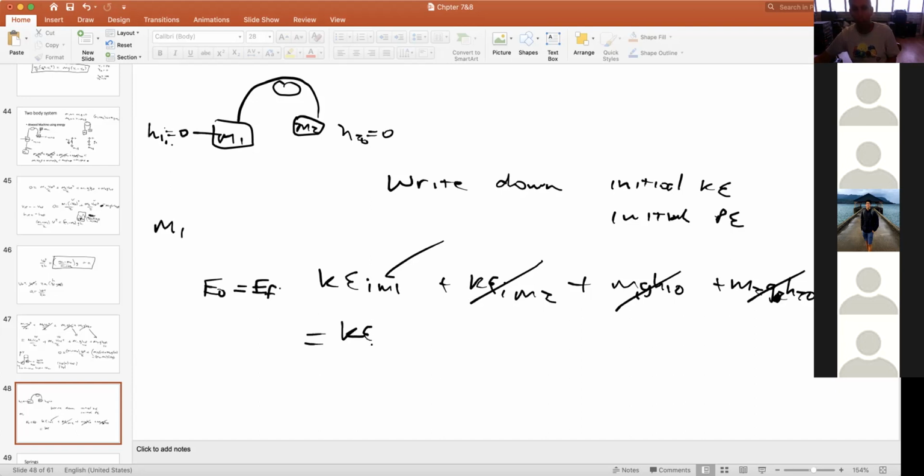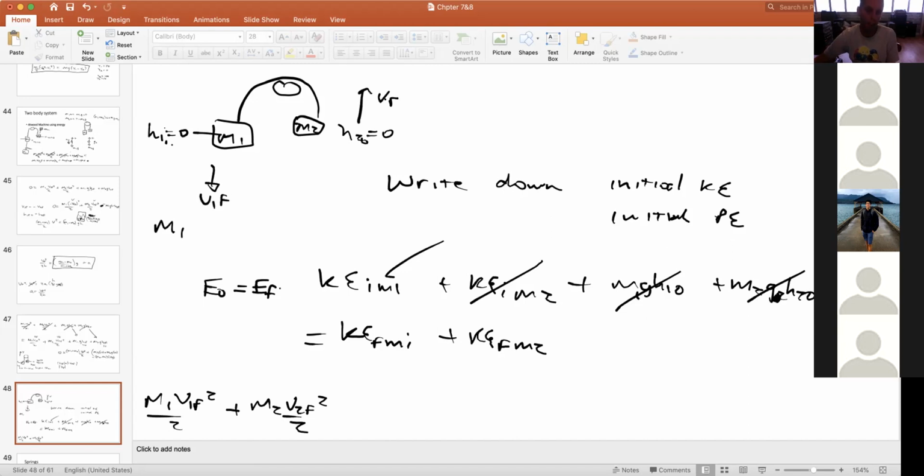So what is the final kinetic energy of M1 and M2? Well, it's M1 V1 final squared over 2 plus M2 V2 final squared over 2. Now, V1 final is going to be down, and V2 final is going to be up. So this one's going to move up.